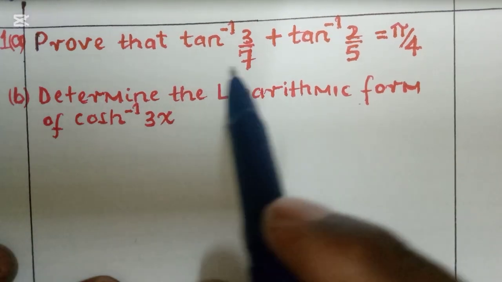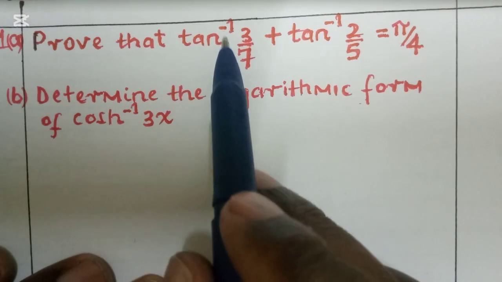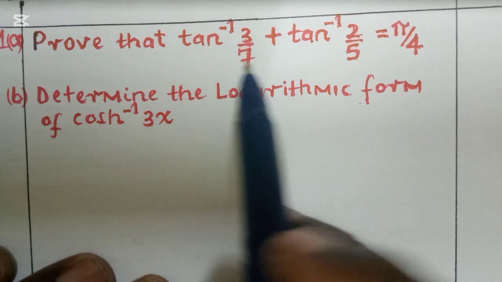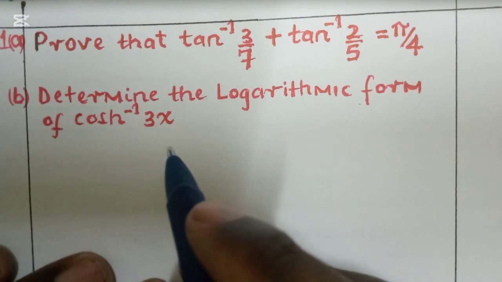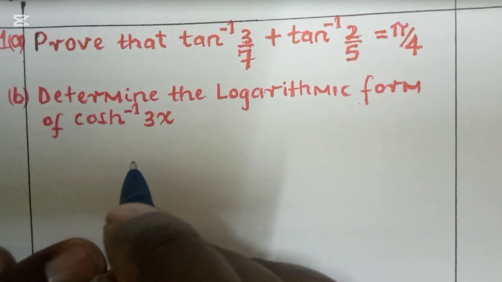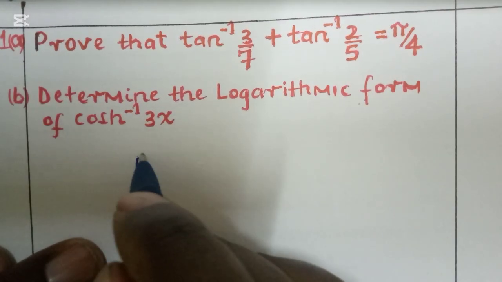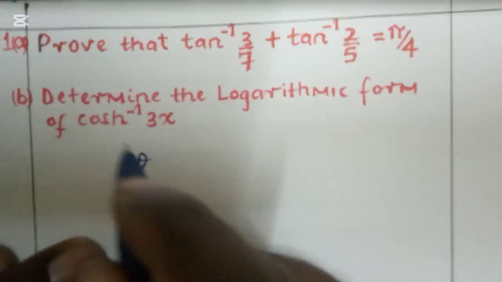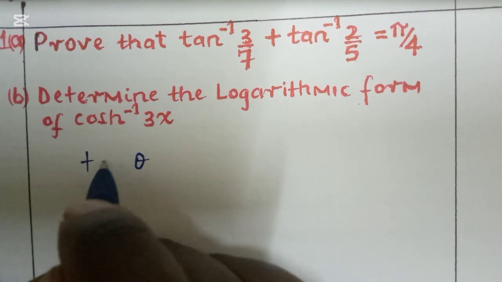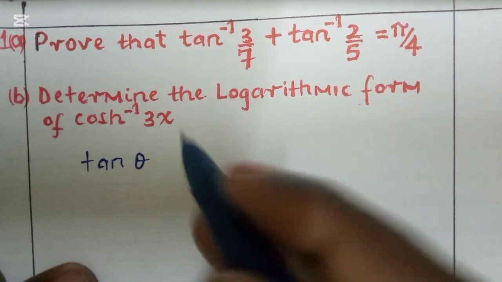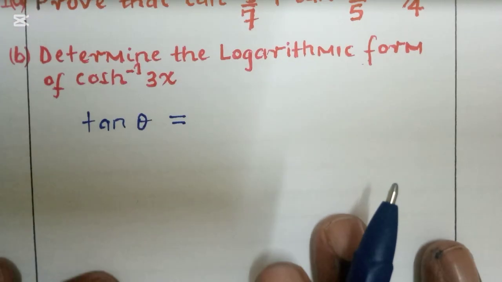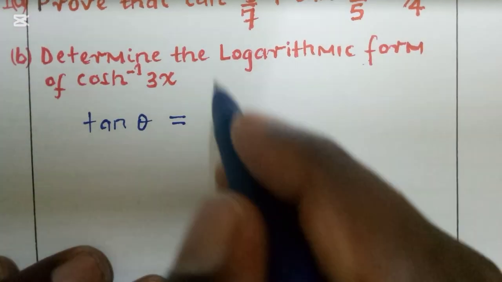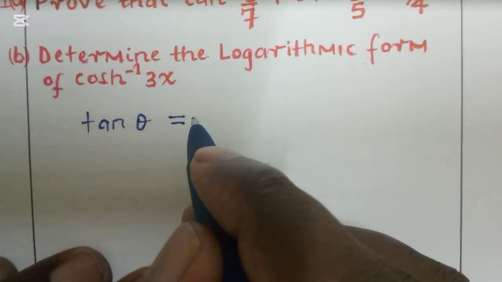For the first question, we are given tan inverse 3 over 7 plus tan inverse 2 over 5. We all know that tan theta is opposite over adjacent.